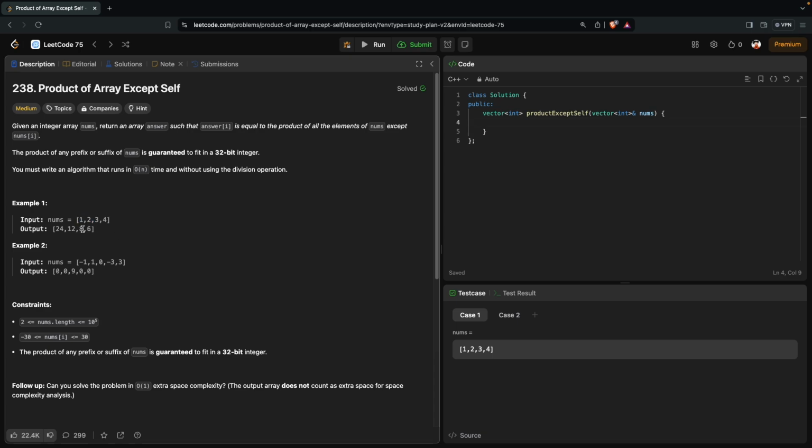And if I want to find the value at the first position in output, I can simply divide it by 1. We will get 24. Then for the second position, I will divide 24 by 2. We will get 12. Similarly, for the third position, we will divide 24 by 3. We will get 8.